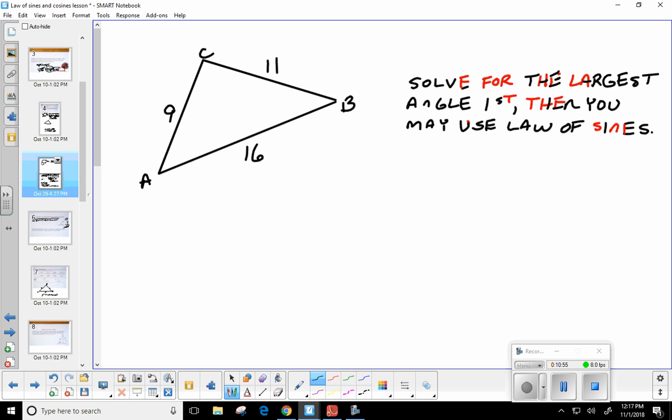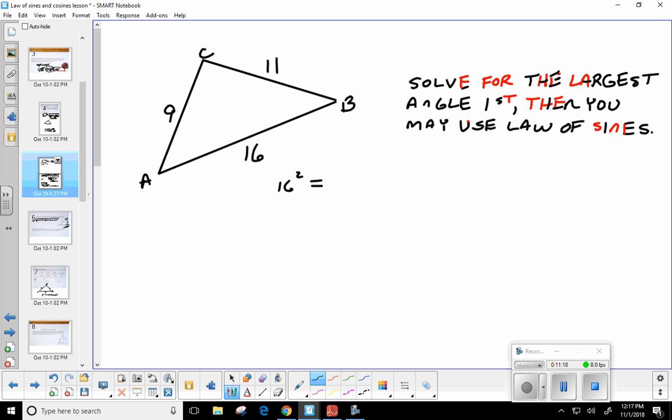So I need to write out that equation using the law of cosines, but starting with 16. So somebody tell me what I should write. So we have to start with 16 squared equals.